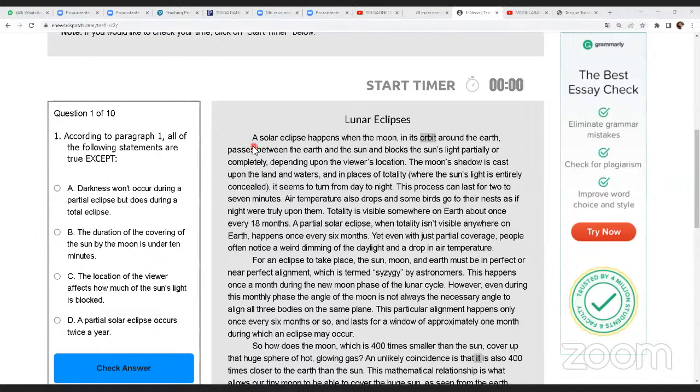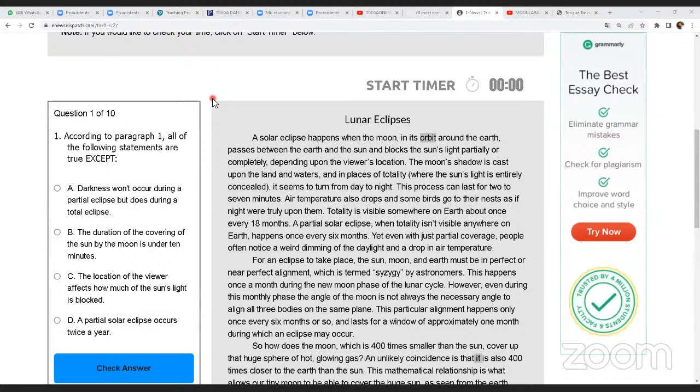Okay, lunar eclipses. A solar eclipse happens when the moon, in its orbit around the Earth, passes between the Earth and the Sun and blocks the Sun's light partially or completely. Depending upon the viewer's location, the moon's shadow is cast upon the land and waters, and in places of totality, where the sun's light is entirely concealed, it seems to turn from day to night.